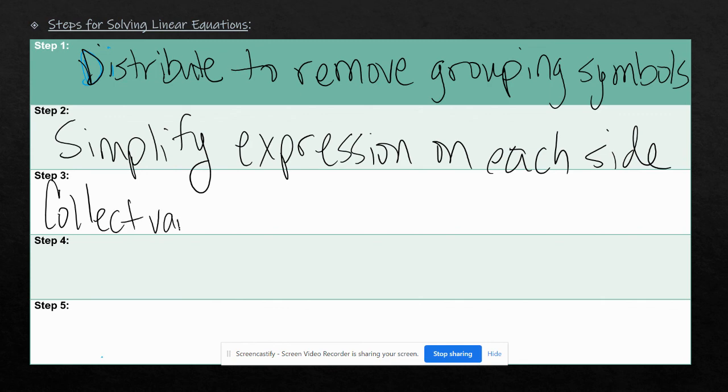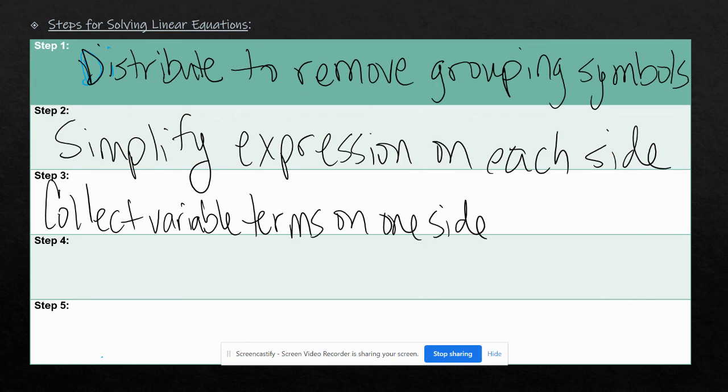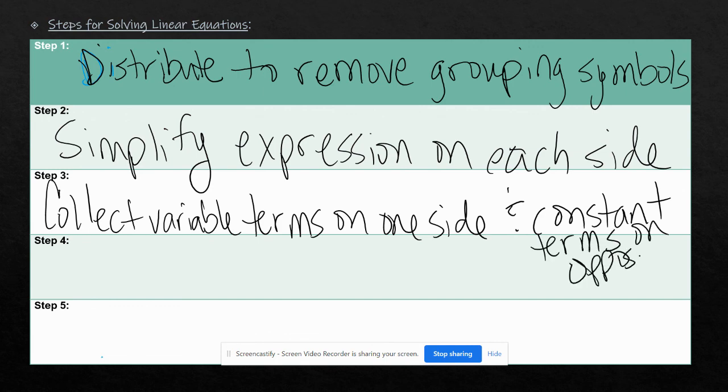Collect variable terms on one side and constant terms on the opposite side. Isolate the variable.